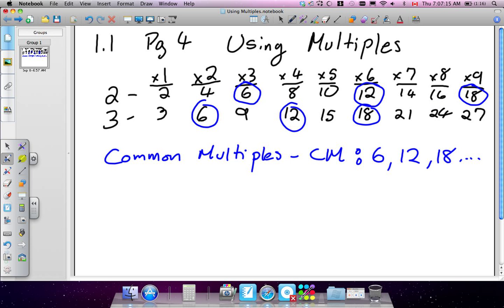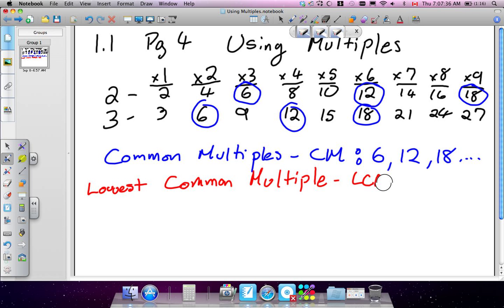Another thing your teacher is probably going to ask you about is a lowest common multiple, or they call it LCM.